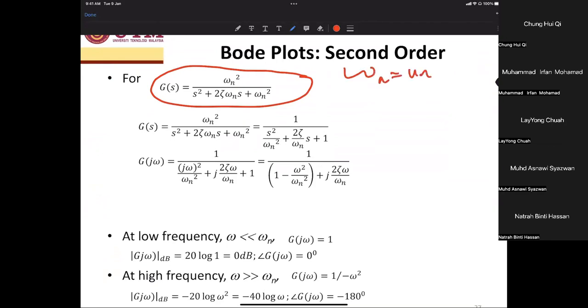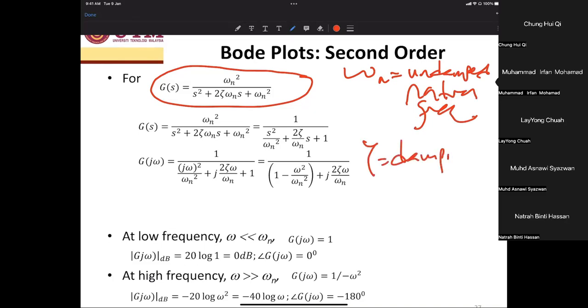Omega n is the undamped natural frequency. Zeta is the damping ratio.